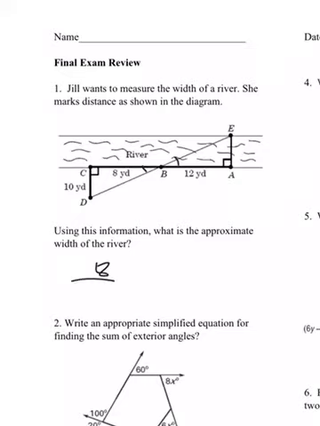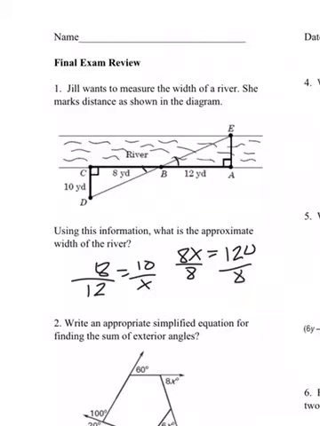So you could do something like 8 over 12 equals 10 over x. Cross multiply, 8x equals 120. Divide by 8, and 120 divided by 8 is 15.